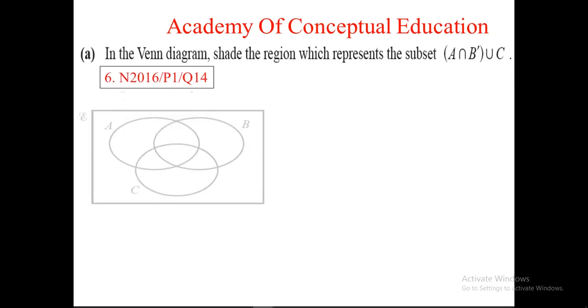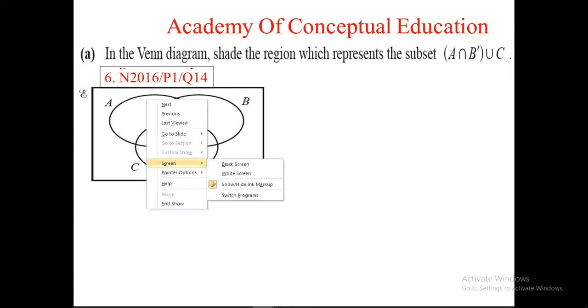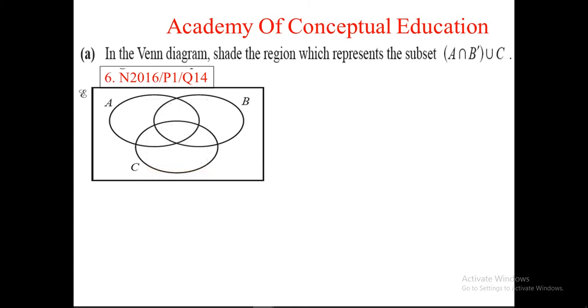Now in the second part, we have to shade the region which is A intersection B complement union C. B complement means we first eliminate B, and then A intersection B complement will be the required region. For the bracket, this complete region will be the required region.